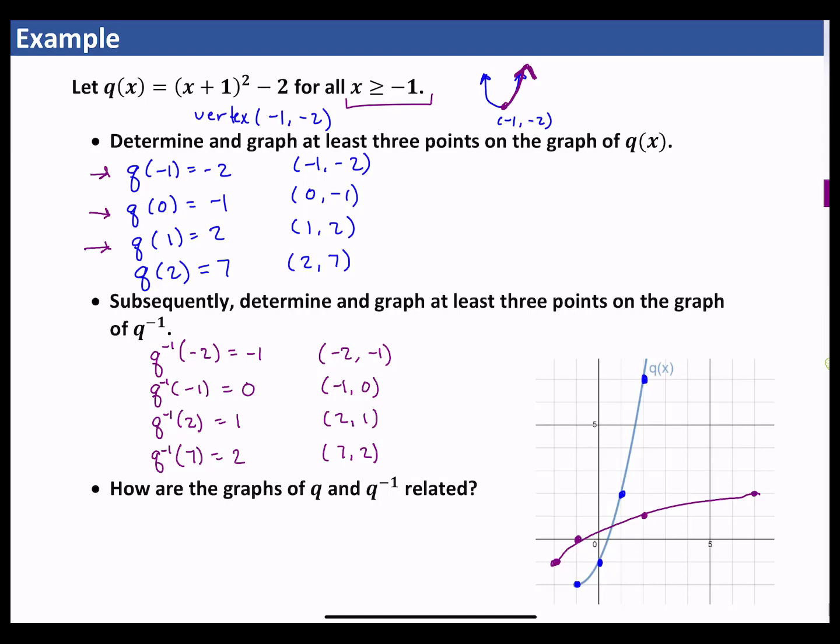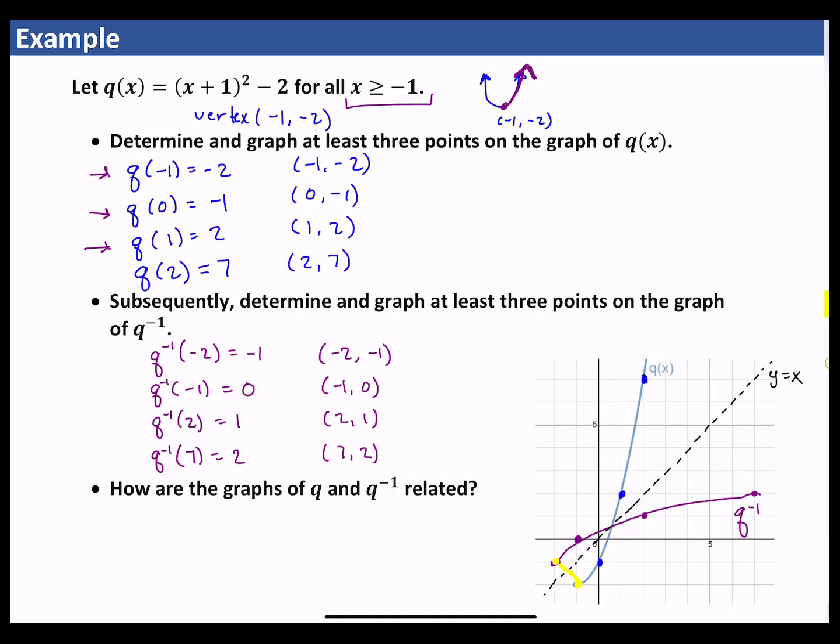Okay. And so we're looking for a pattern here, some type of relationship between the graph of q and q inverse. And to help you see that pattern, I'm actually going to graph this line, y equals x. And one thing you might notice is that, for example, (-1, -2) and (-2, -1) are symmetric over that line y equals x.